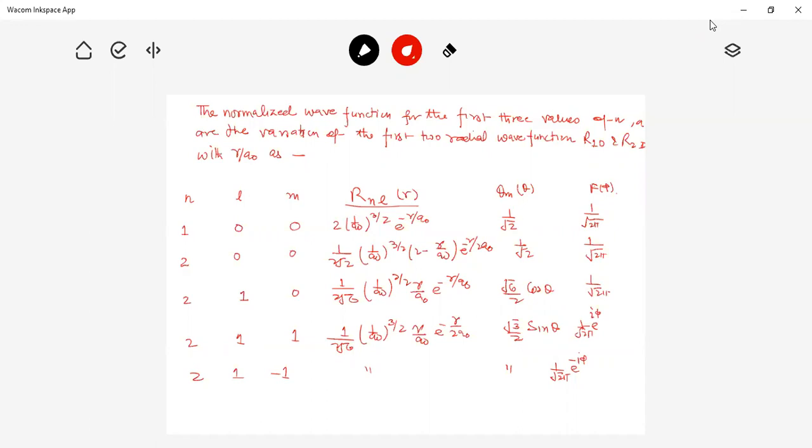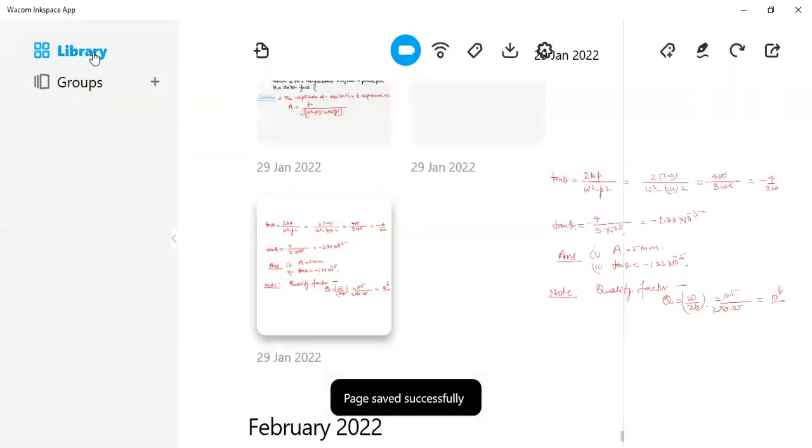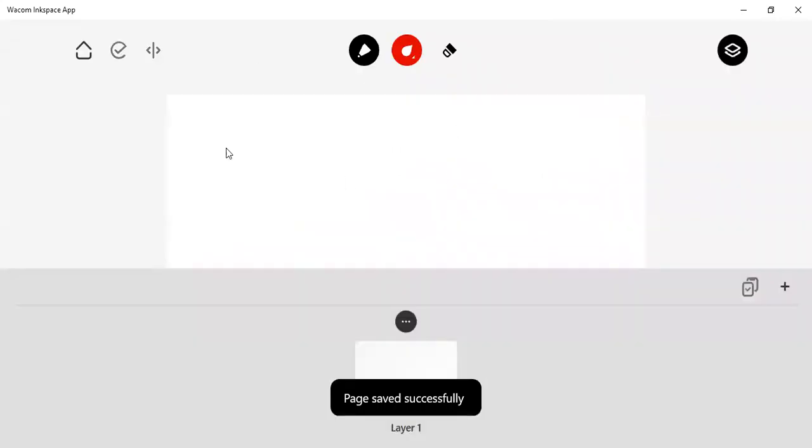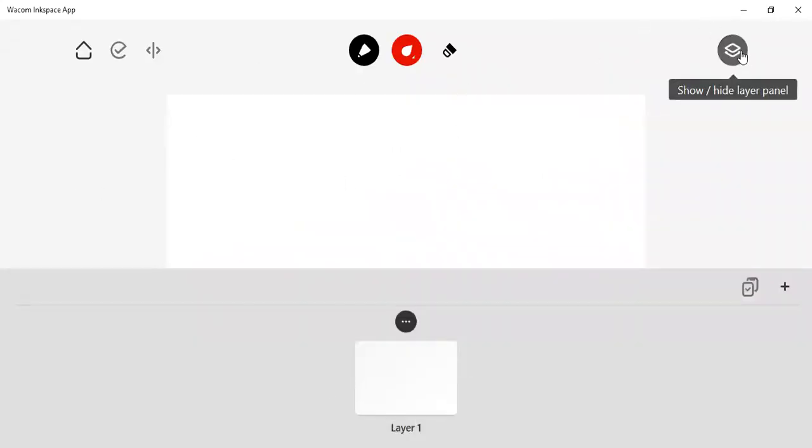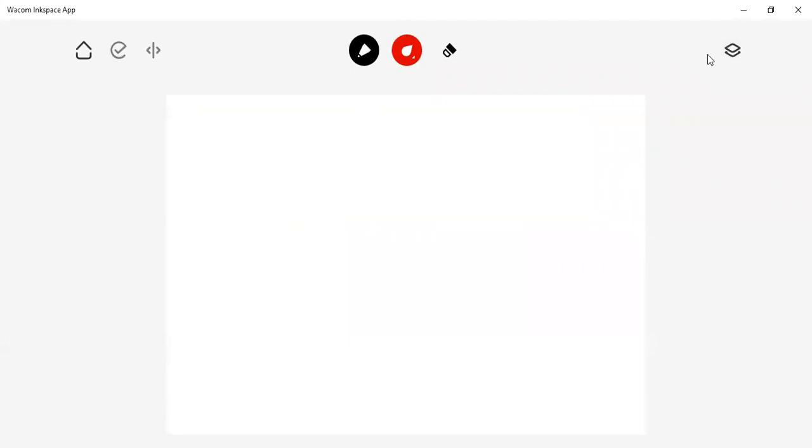Now, in order to make the concept more clear, we have to take some numerical examples. For the numerical examples, suppose any wave function is given.